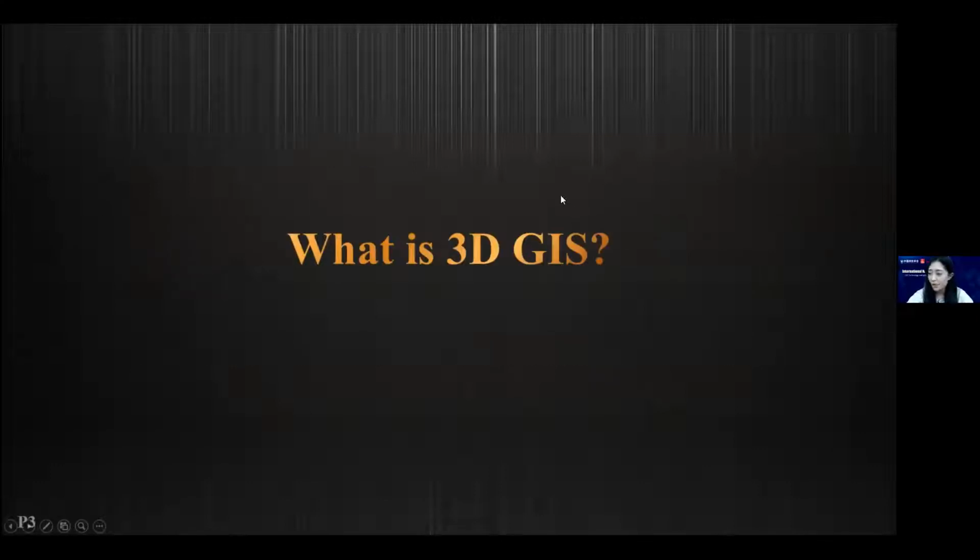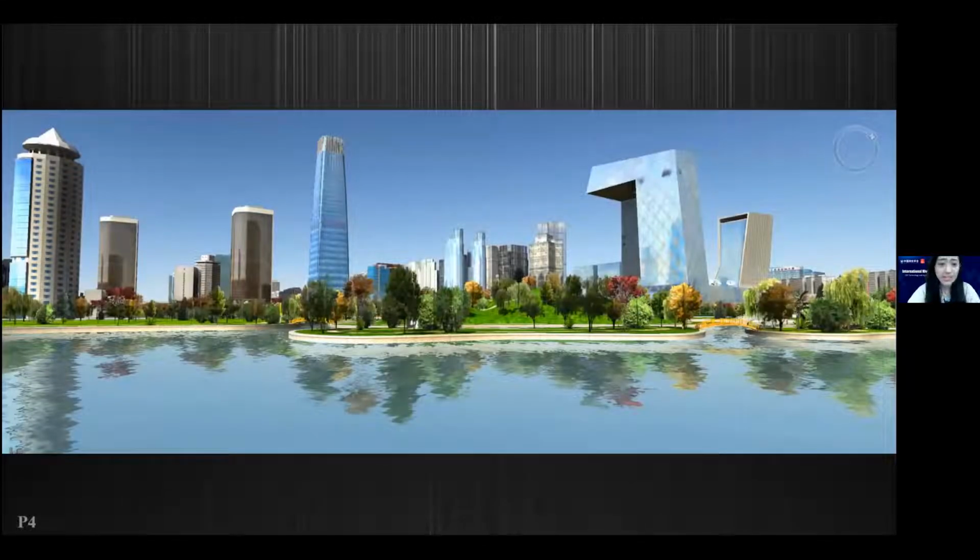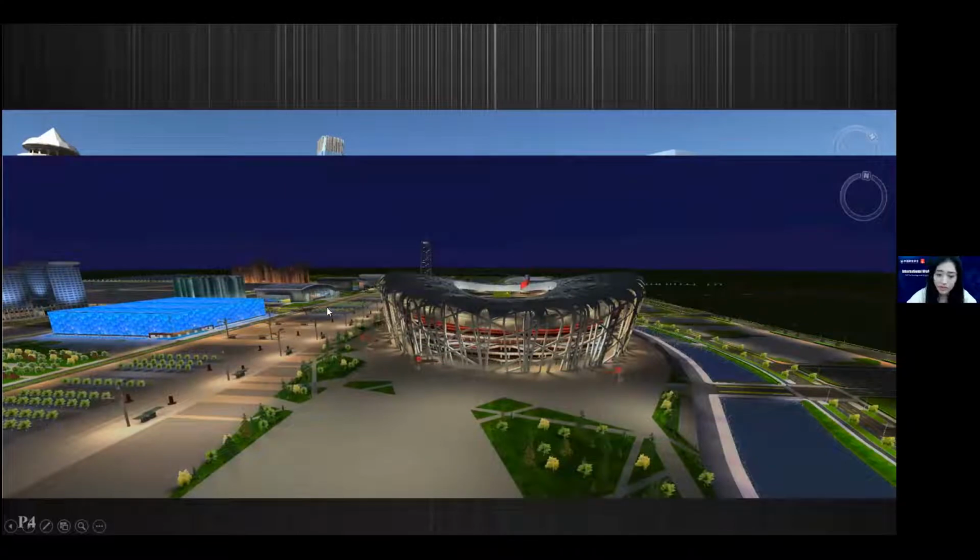Okay, so our first question: what is a 3D GIS? The 3D data could describe landforms like tall buildings, trees or the water surface. Or it could also describe landmarks, like the venue of the Beijing Olympic Games.